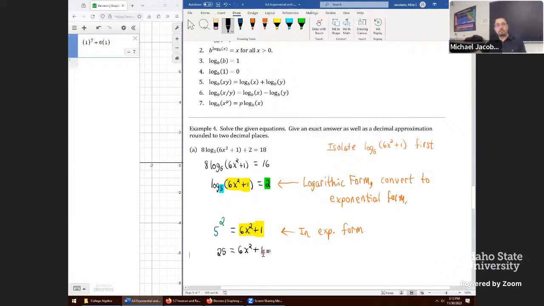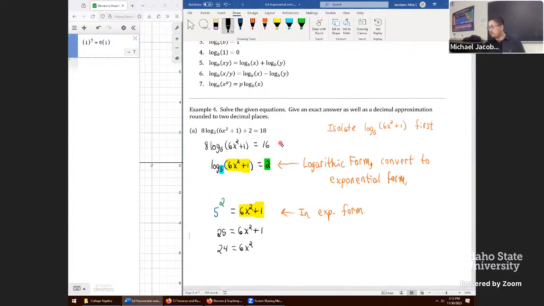And I mentioned, whenever you see a quadratic equation, you usually want 0 on one side. But that does actually depend on the quadratic equation. This quadratic equation is special because you can isolate the x squared, and you're really isolating x in a certain sense. So this time, let's just isolate x squared and take a square root. Subtract 1 from both sides to get 24 is 6x squared.